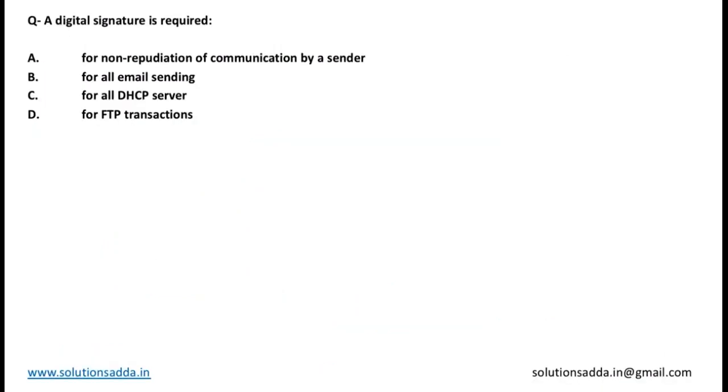This is a question from cryptography. A digital signature is required for non-repudiation of communication by a sender, for all email sending, for all DSCP server, for FTP transaction. So what is a digital signature? A digital signature is a mathematical scheme for verifying the authenticity of digital messages.